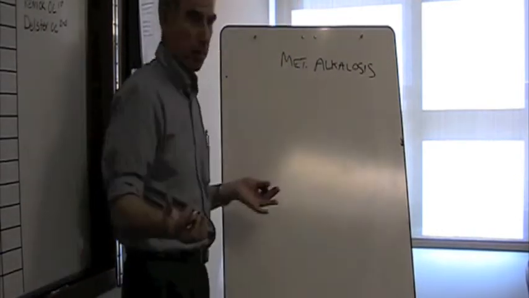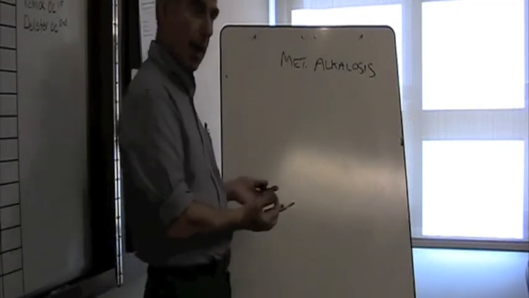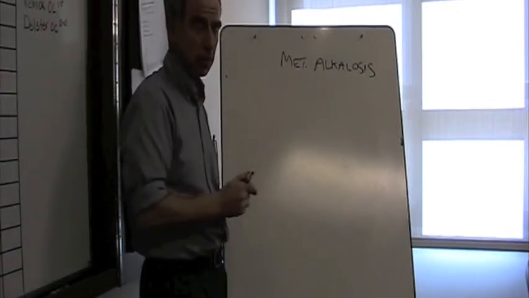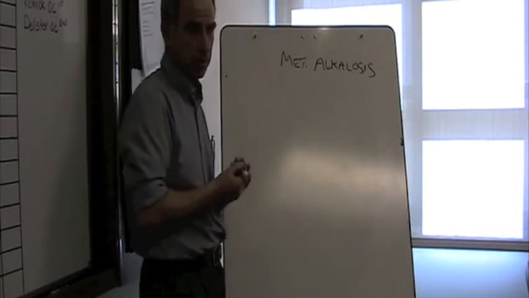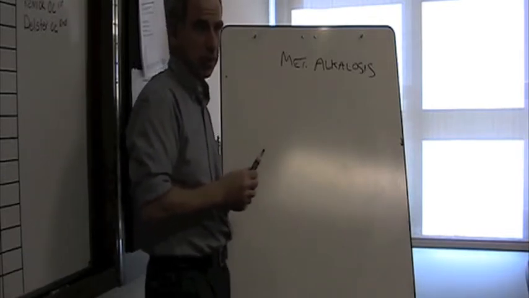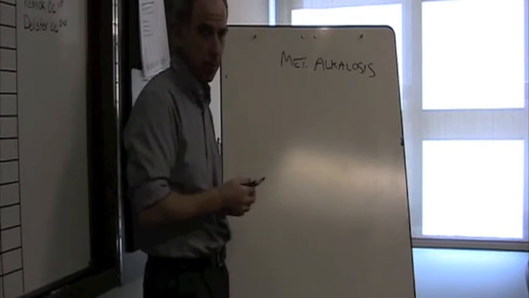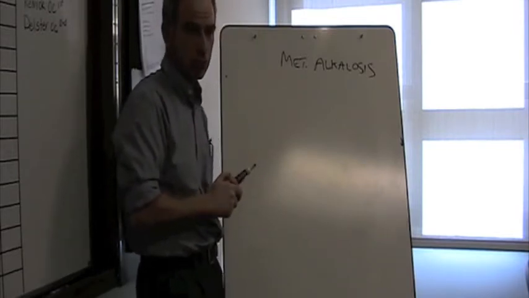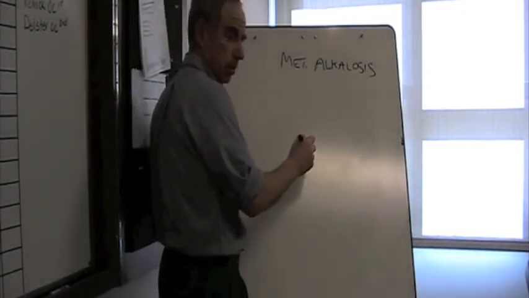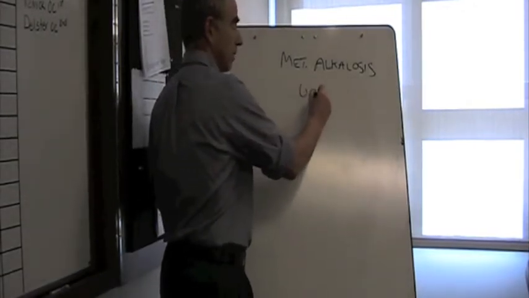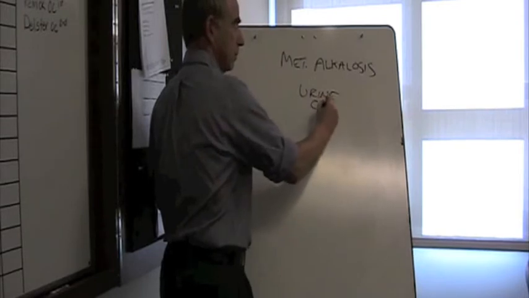Just like in the metabolic acidosis, you look at an anion gap, how do you evaluate a metabolic alkalosis? Saline responsive. How do you determine whether it's saline responsive or unresponsive? What tests do you do? What's the branch point? So you do a urine chloride, right?